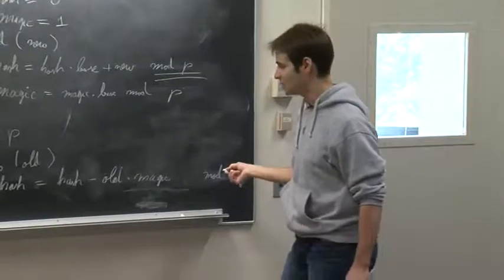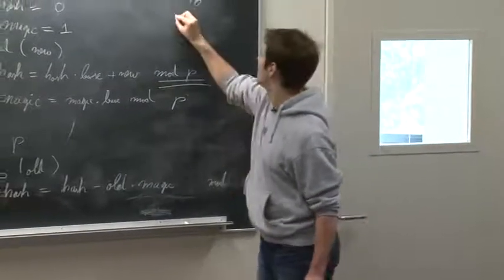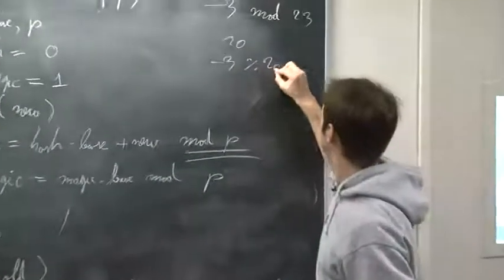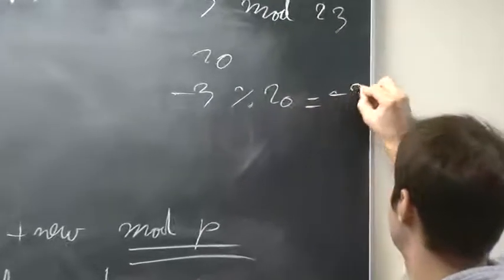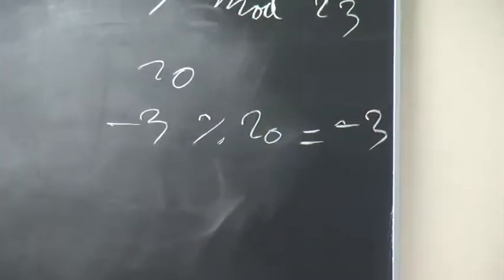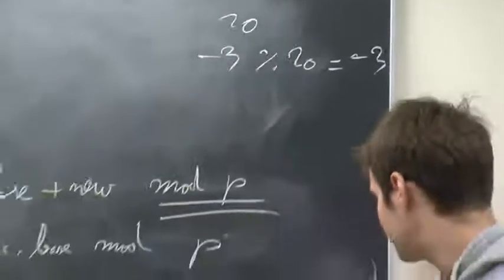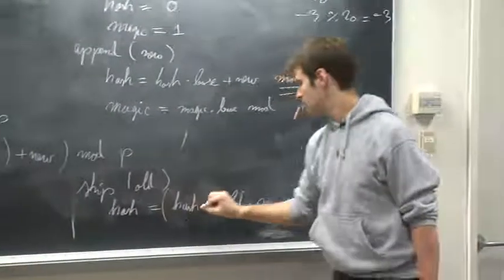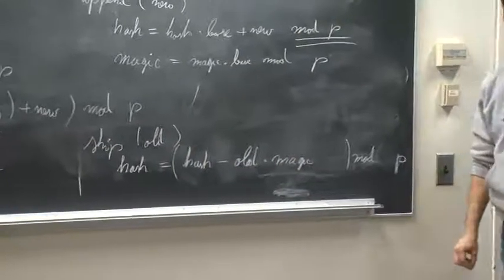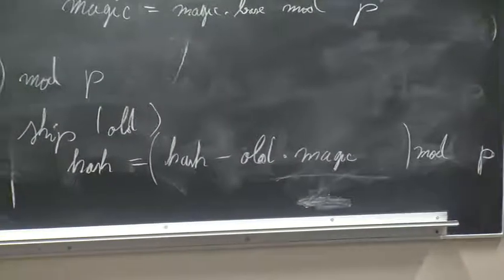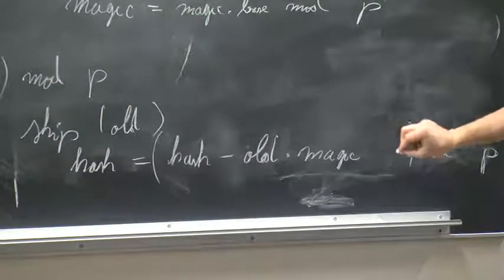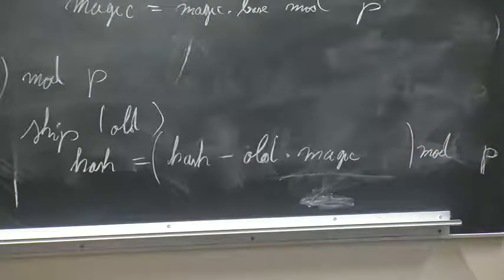But in a programming language, if you do minus 3 modulo 20, I'm pretty sure you're going to get minus 3, and things will go bad. So we want to get to a positive number here, so that the arithmetic modulo p will work just like in math. So we want to add something to make this whole thing positive.